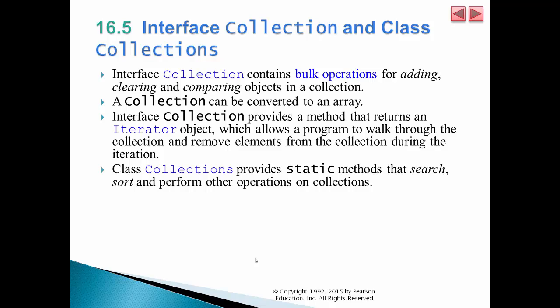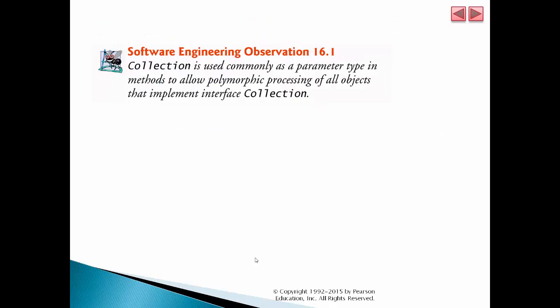So let's say if you want to do a binary search, you don't have to implement it. Although you know the logic, you can simply refer to the binary search method inside the Collections class, and use that method to find a particular element in the collection.